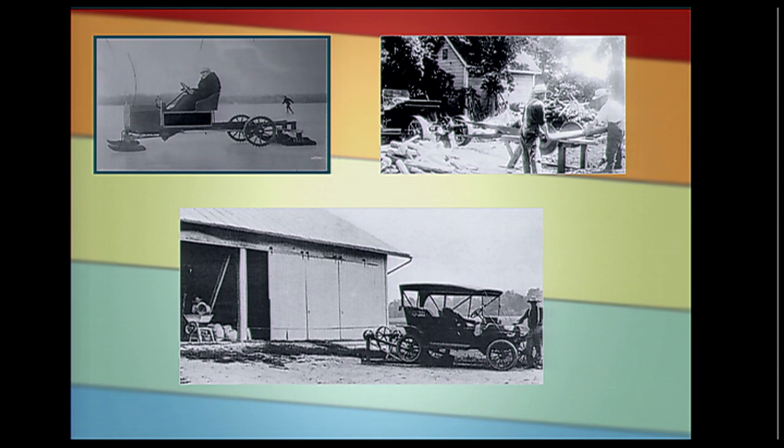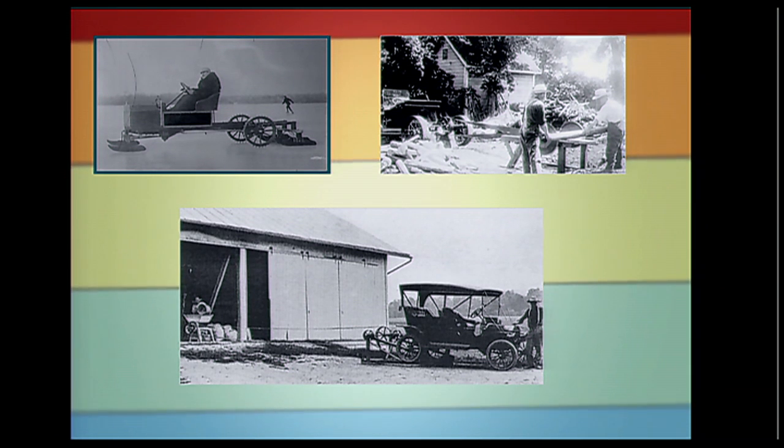I have some other pictures of uses of the old Ford Model Ts. In the upper left-hand corner, there's the use of it as an early Zamboni, where they used it to level out ice skating rinks. Over on the right-hand side, they use it as a sawmill. And down at the bottom, that's an old picture of a Model T being used to grind and mill grain.